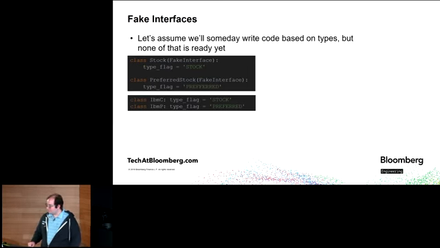Okay. Moving on, let's assume we'll someday write code based on types, but none of that is ready yet. So here we have stock and preferred stock. They're basically stubs. IBM common and IBM preferred, IBM C and P, are also just stubs.